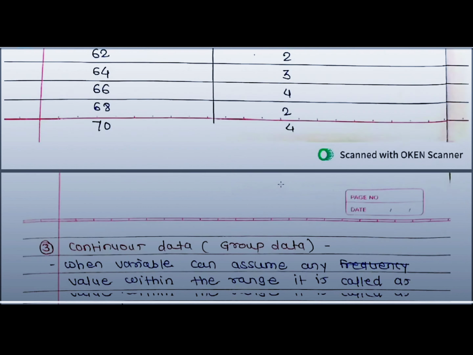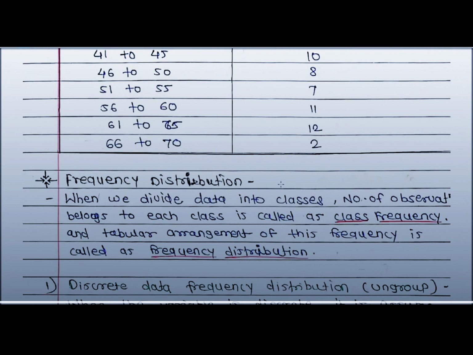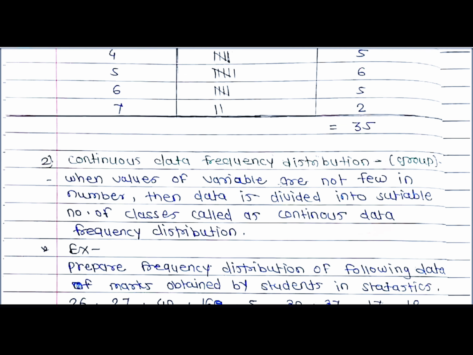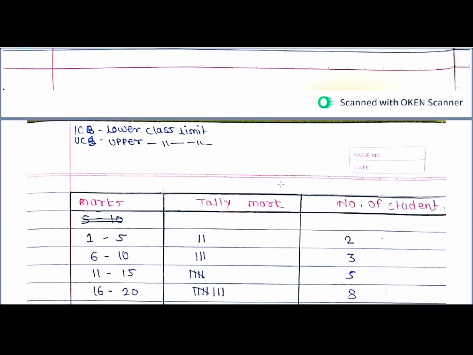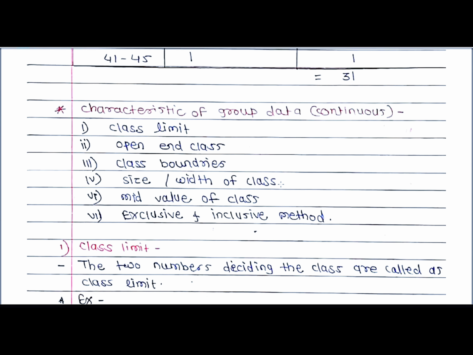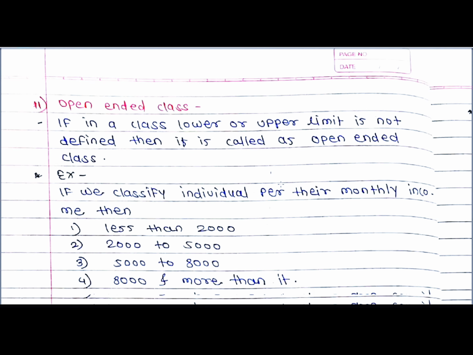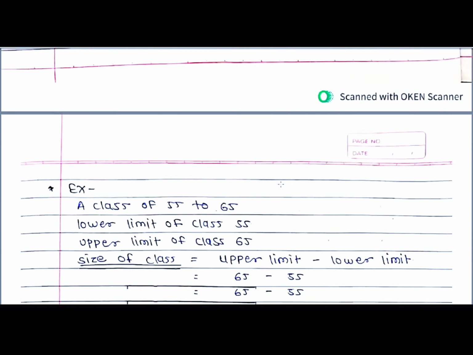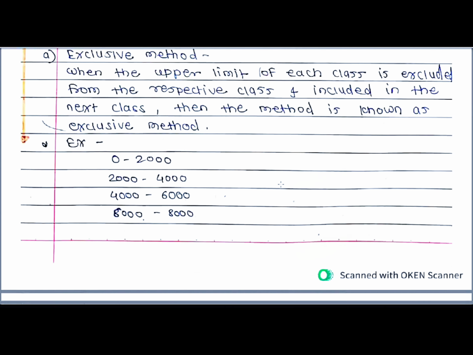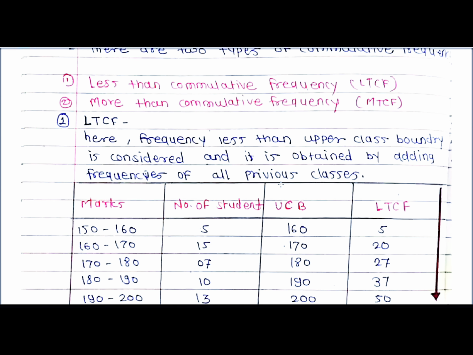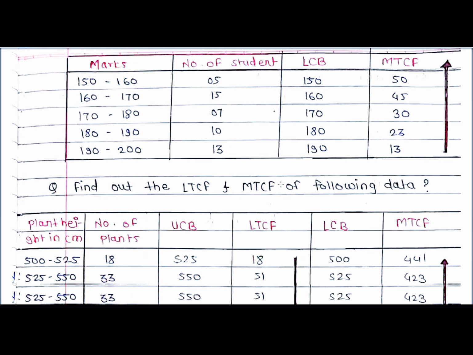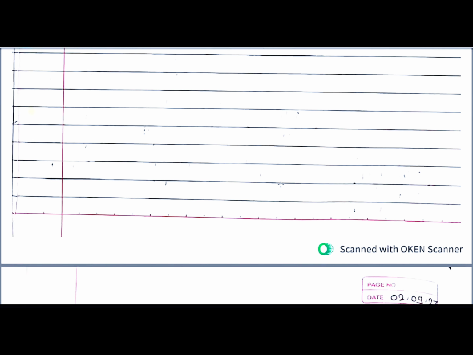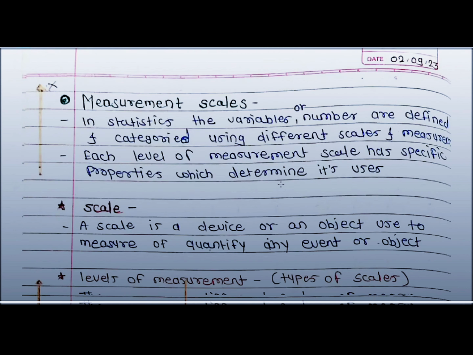Then we talked about characteristics of the grouped data. And at the end, we focused on measures of central tendencies.